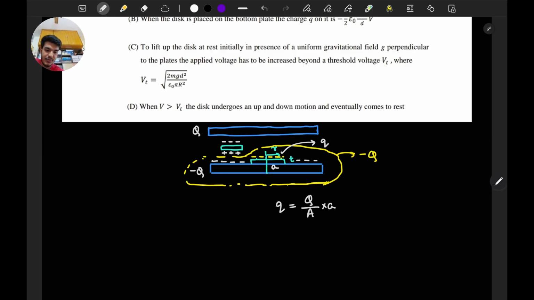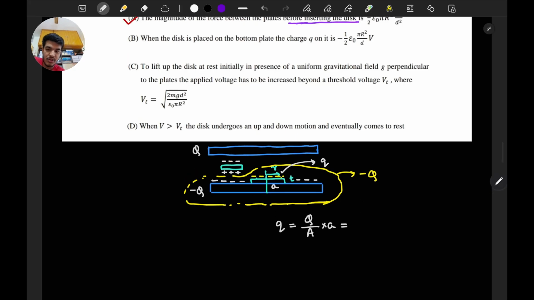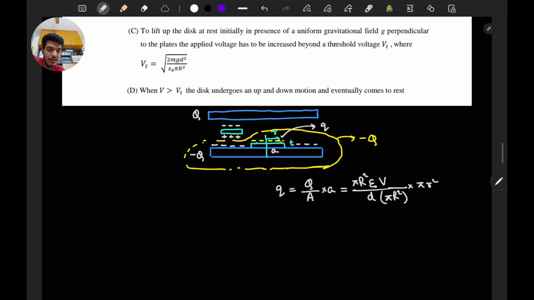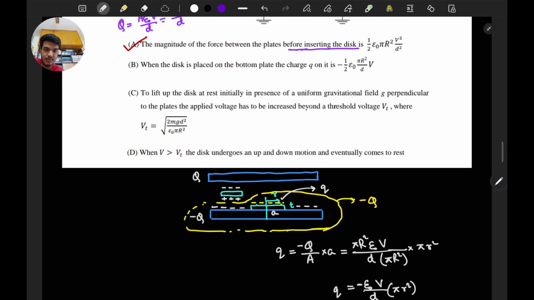My capital Q was pi R square epsilon naught V by D, and the total area is capital pi R square, into pi small r square. So this would be equal to epsilon naught V by D into pi r square, and since this is negative charge, q will be negative.